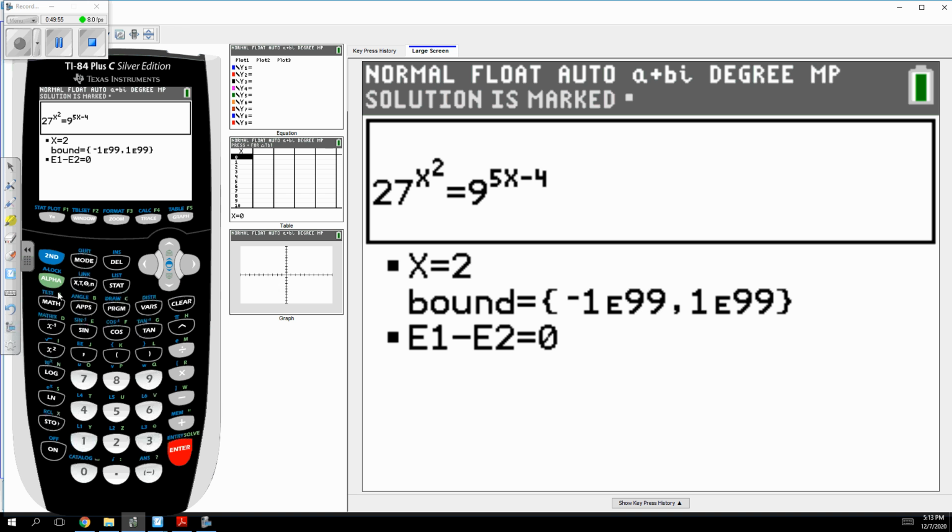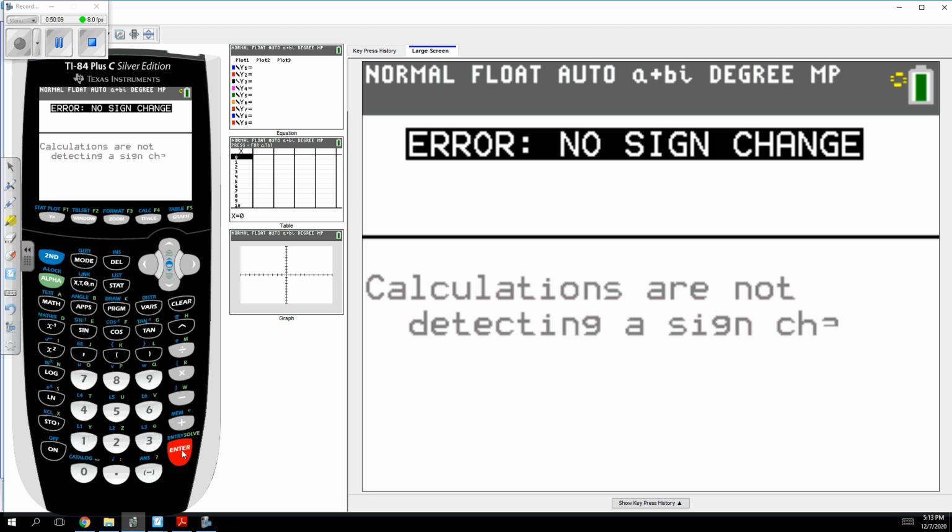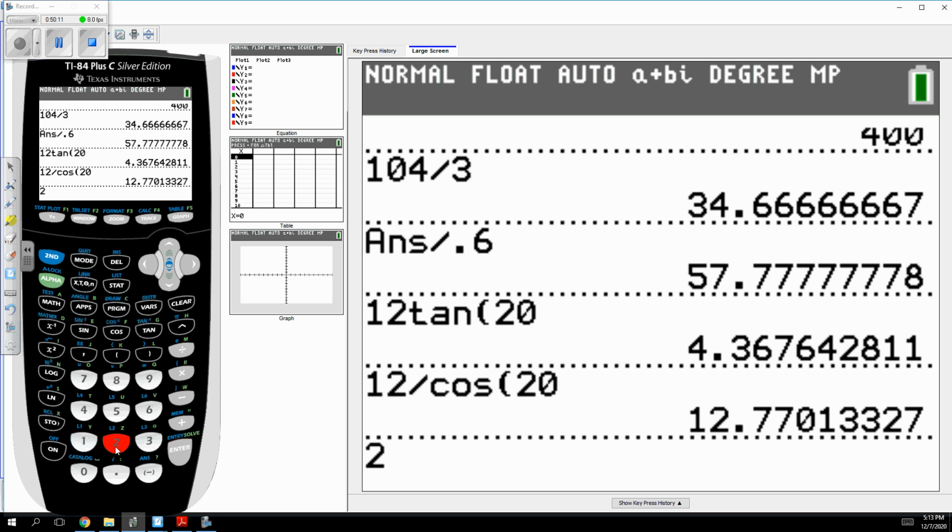And then what would be the other answer? It'd have to be 4/3, but let's just say I typed in 1. See, the calculator's going to find the closest answer to that when you hit alpha enter, and it gets aggravated, so you find it that way.